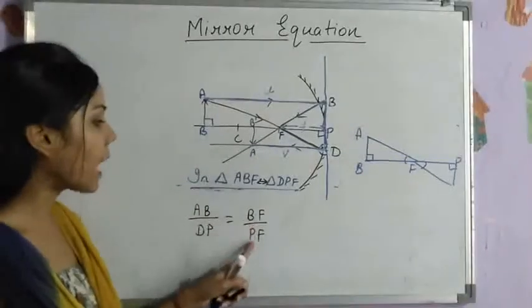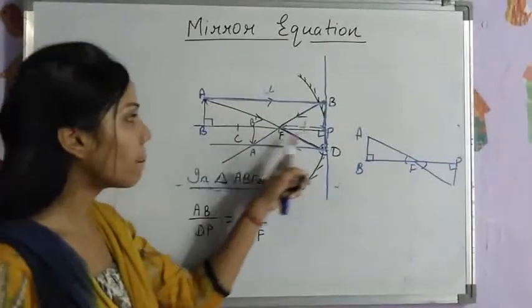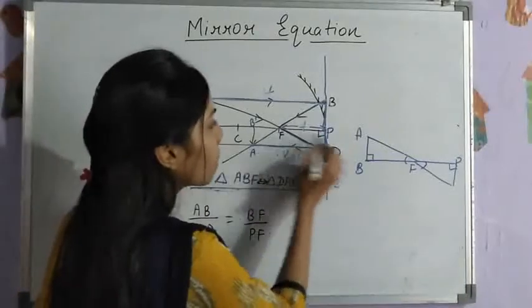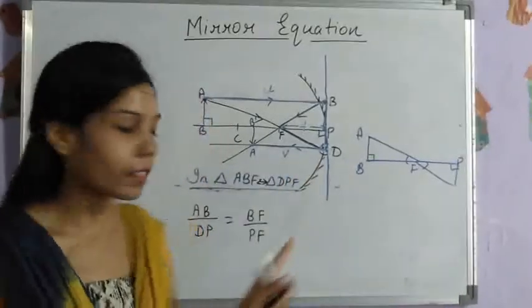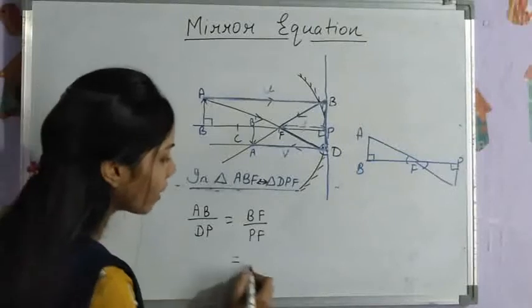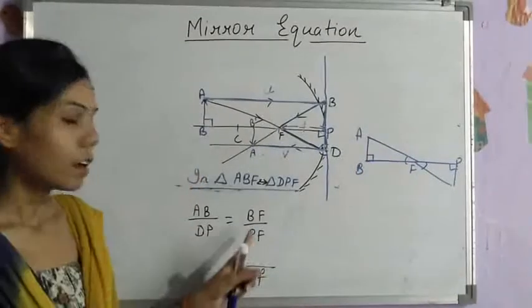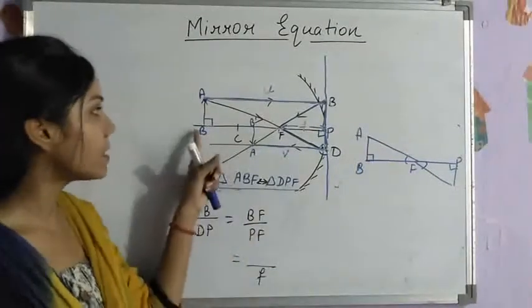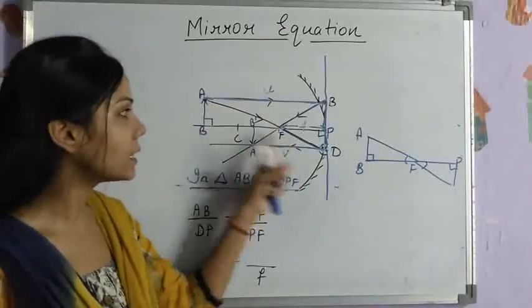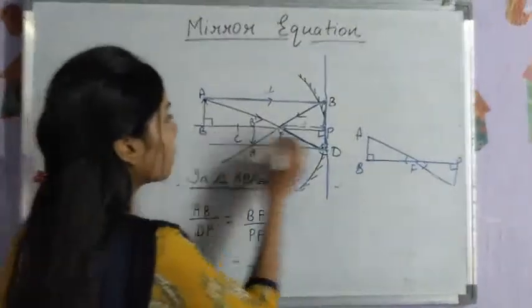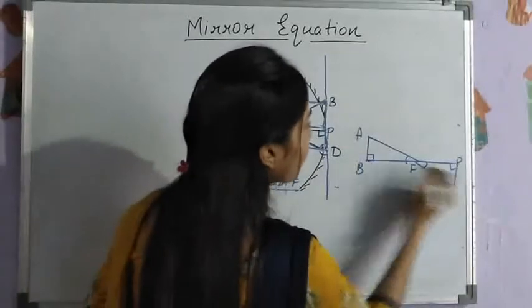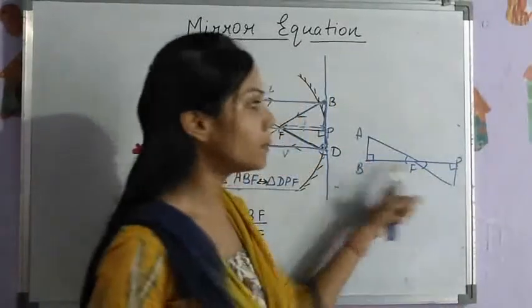Now what is BF and PF? If you will see here, PF is nothing but the focal length. So instead of PF, we will write F over here. Now what about BF? If you will see here in the ray diagram, BF is this distance. And also BP. What is BP? BP is the total distance of the object from the pole.